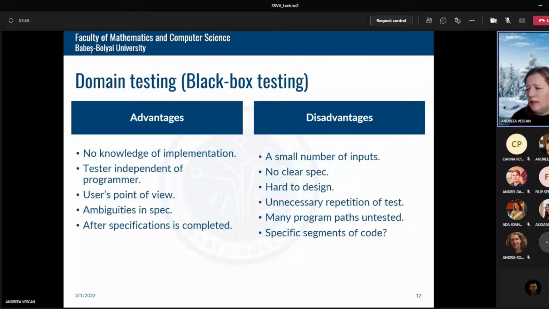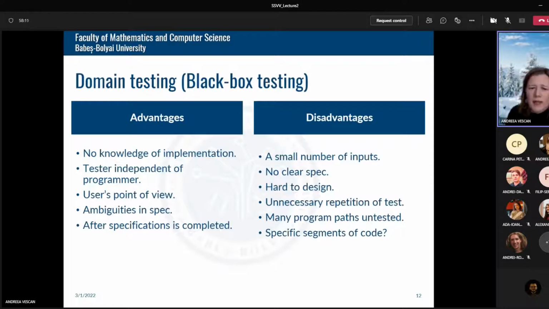We start from the specification, which means you have the user point of view. We can also find ambiguities in the specification, as we would in an inspection or code review. And you can start using the black box testing strategy immediately after the specification is completed, so we don't have to wait until we have the source code.